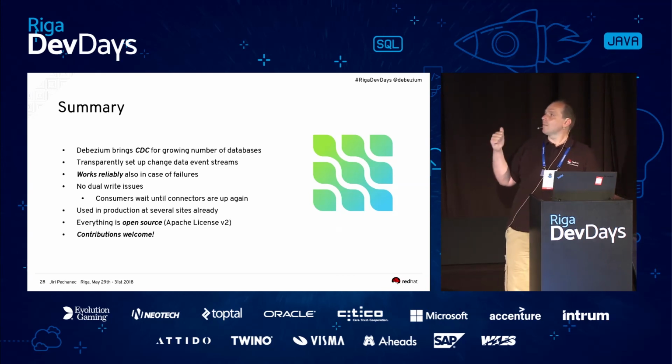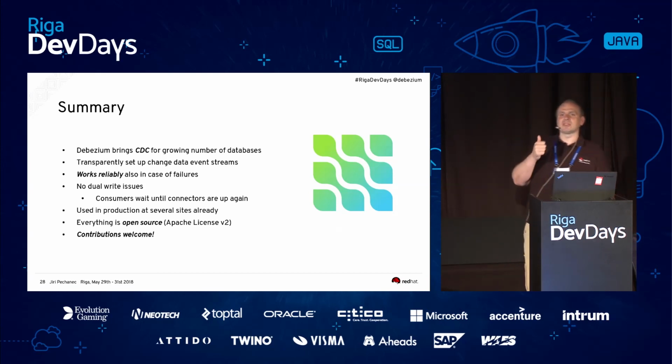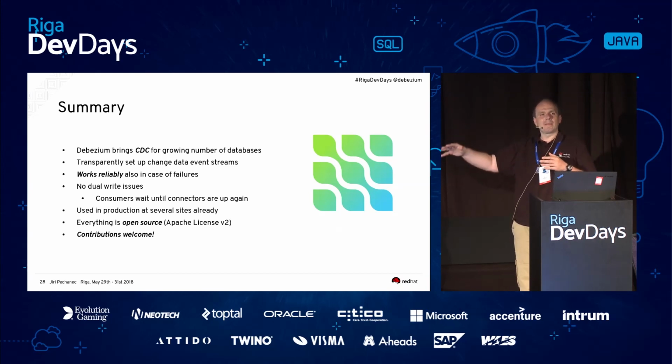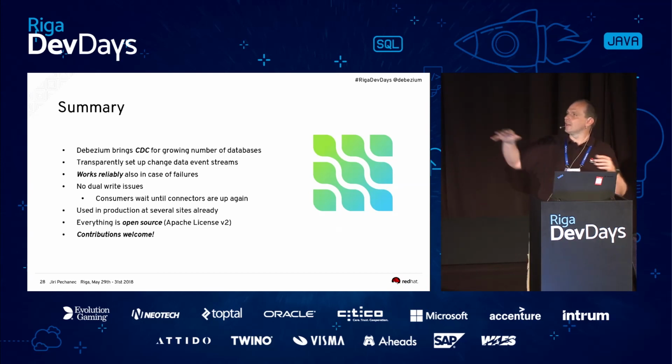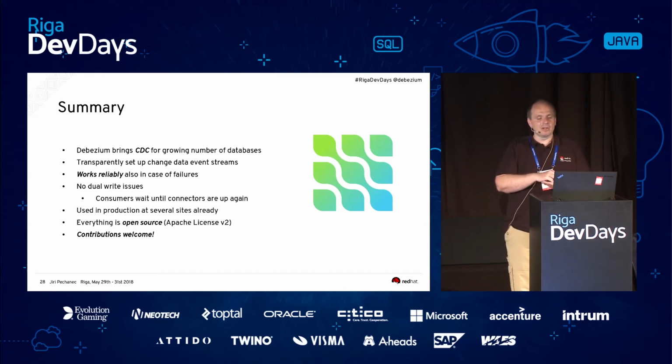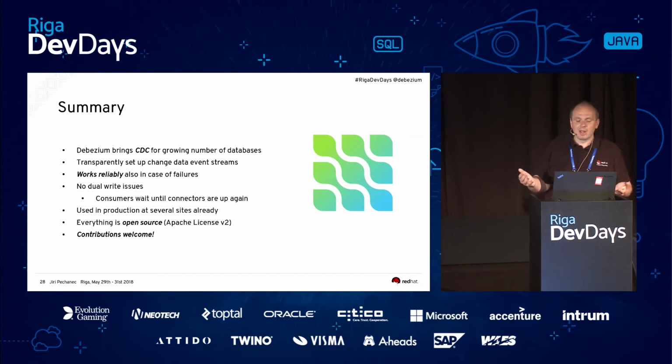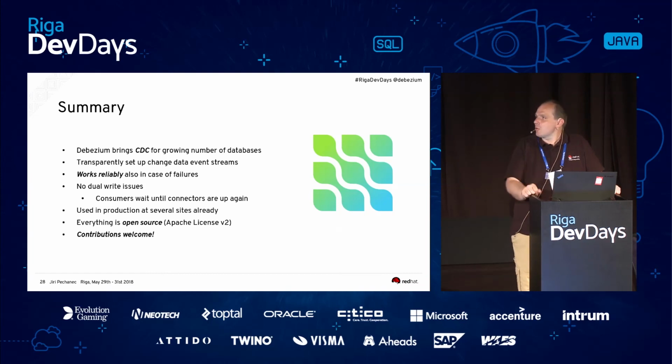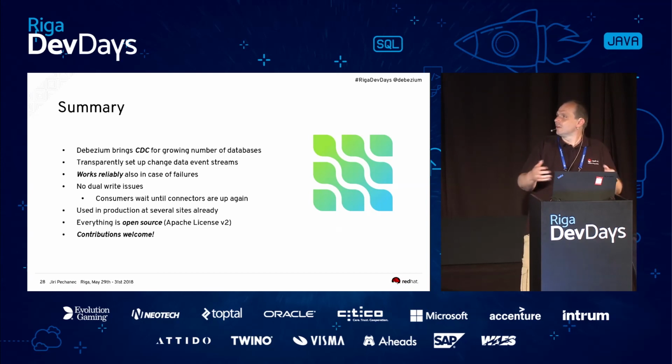It works reliably in case of failures because there is loose coupling between source and destination. We don't have any dual write issues because we are using the database log as a single source of truth. And of course, as it's an open source project, we are welcoming every contribution that you will throw at us.